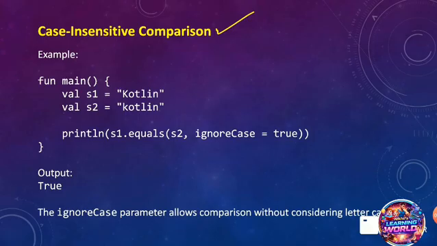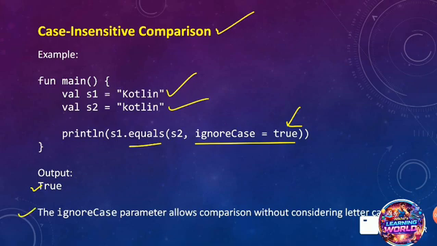The opposite of case sensitive is case insensitive comparison. Sometimes we want to compare strings without considering the letter case. For this we can use the equals function with the ignoreCase parameter, right? For example, in the same example s1 and s2 are two strings with a small k and a capital K. So s1 equals s2 with ignoreCase true means it will ignore whether the case is sensitive or not.